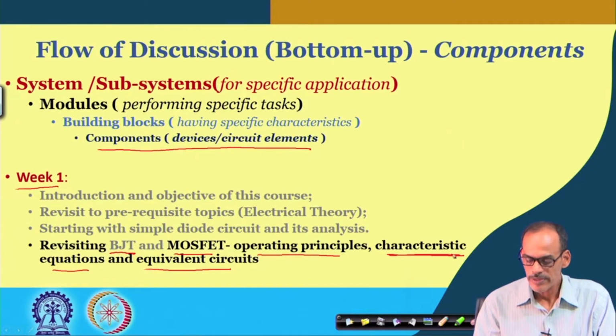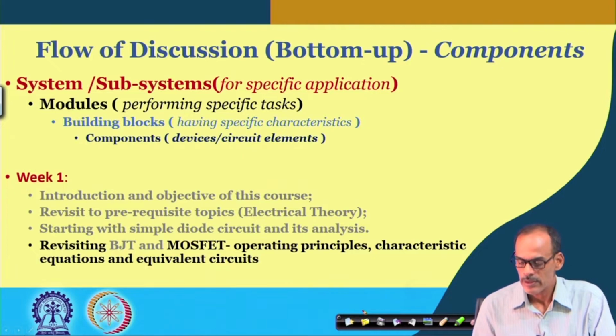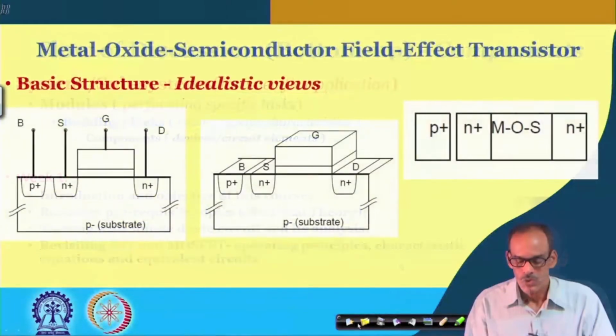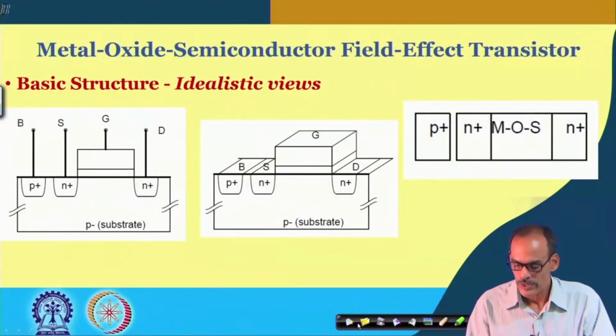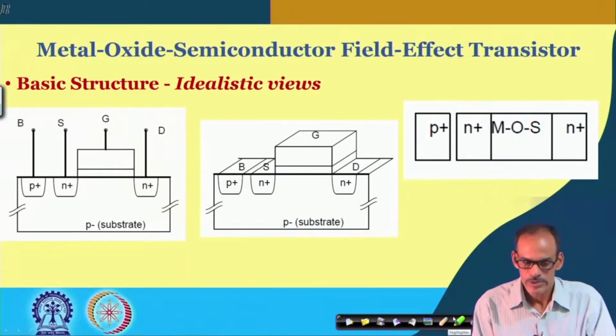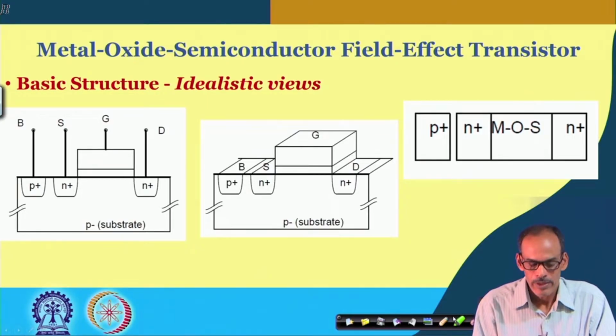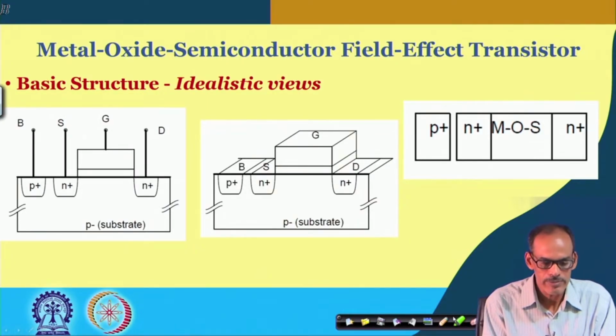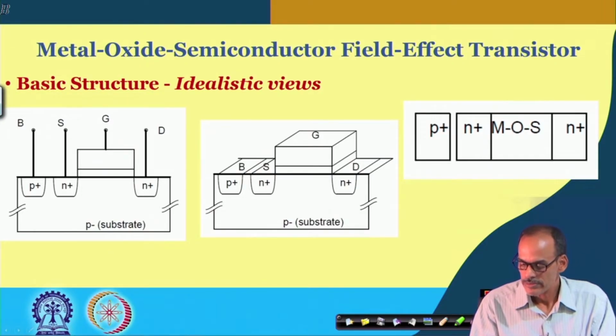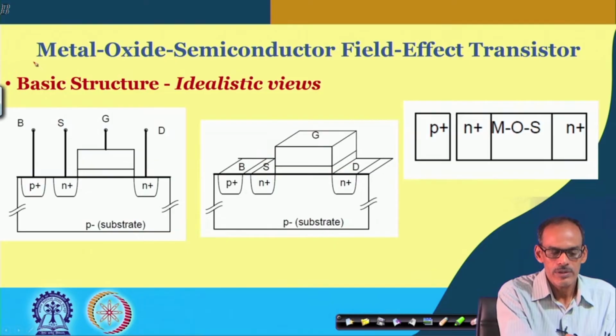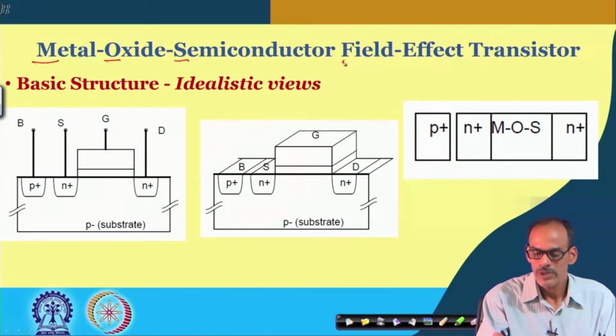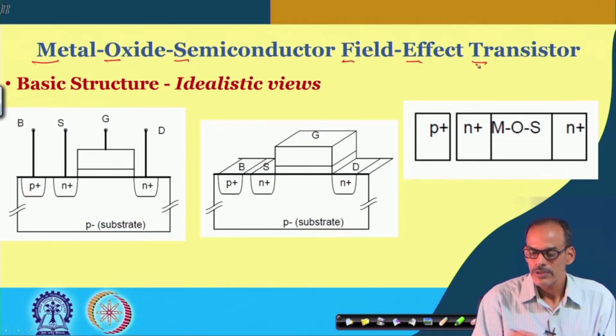So, let us see the basic structure of the MOSFET. Here we have the basic MOSFET structure. MOS stands for metal oxide semiconductor, and then field effect transistor.